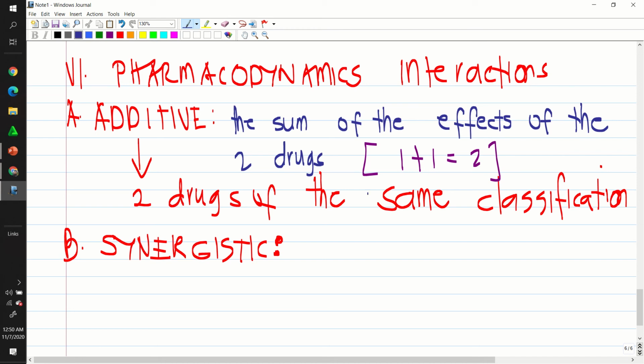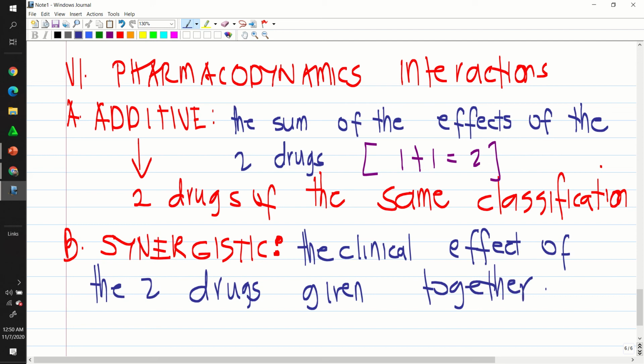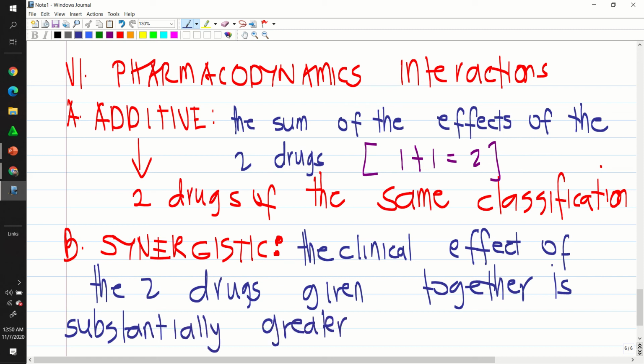Your synergistic, it is simply the clinical effect of the two drugs given together is substantially greater than that of either drug alone.